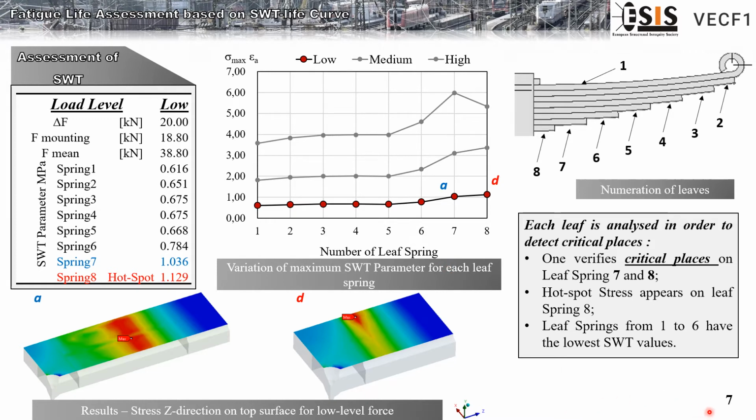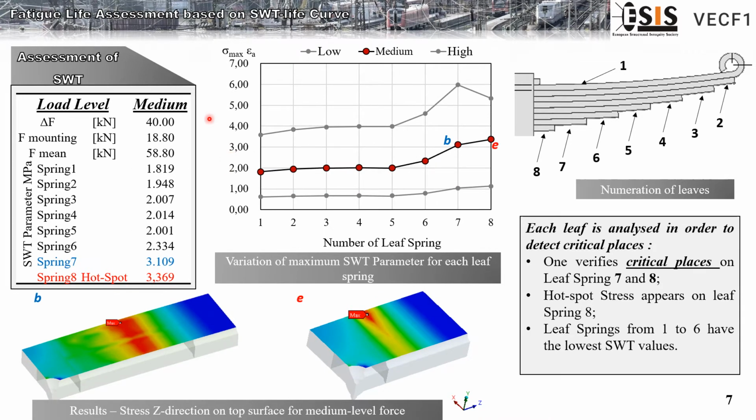Now, analyzing the medium loading level, we can see that for the last two leaves there is a greater increase of the SWT parameter when comparing with the first ones.